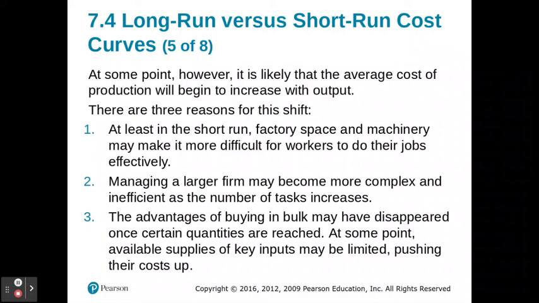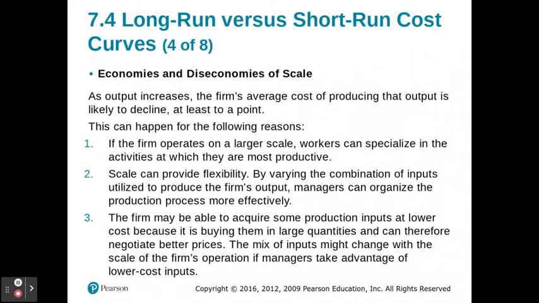Eventually, though, all firms at some point do become too complex, and that would be where we have diseconomies of scale. What diseconomies of scale represent is that my costs are increasing by a greater factor than my outputs are increasing by.